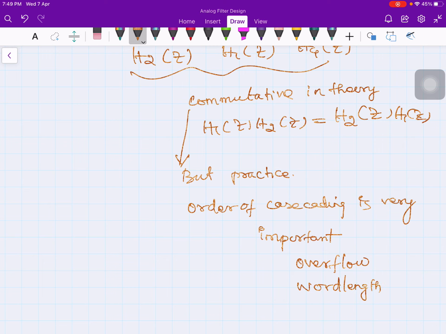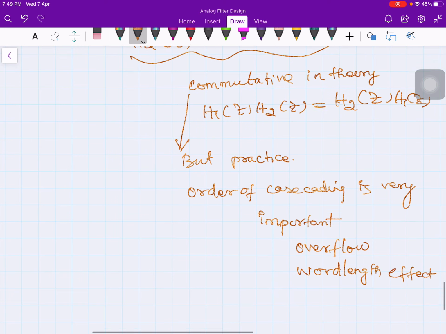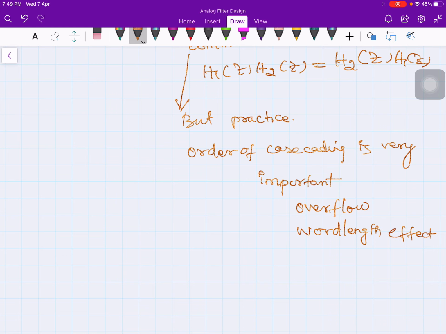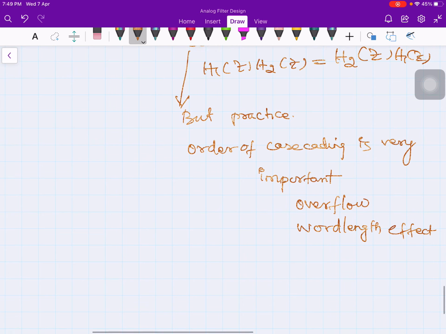One order may give a certain amount of overflow and a certain amount of word length effect, and if you change the order, then it gives some other amount of overflow and word length effect. Therefore you just try before you implement it. Therefore your job after finding a cascade realization is not complete.